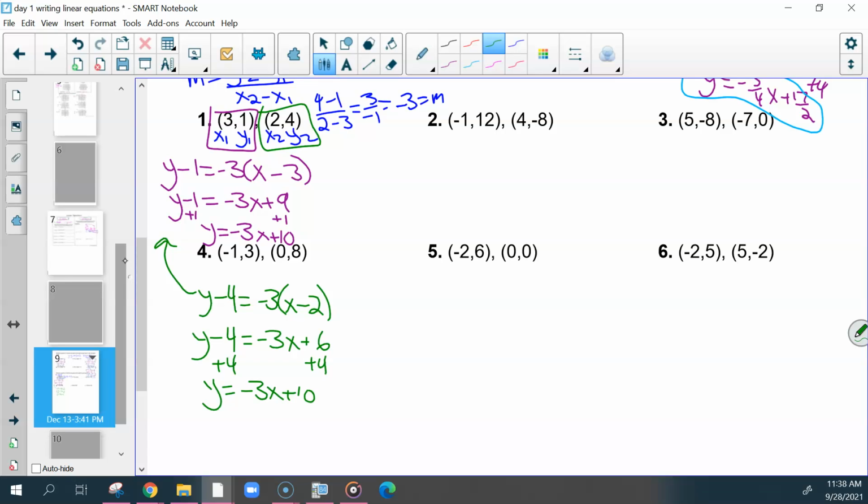I am going to mention this. For questions like number 4 and number 5, it gives you the y-intercept already. So yes, you could still put those points back in and find it, but it's not necessary if they give you the y-intercept.